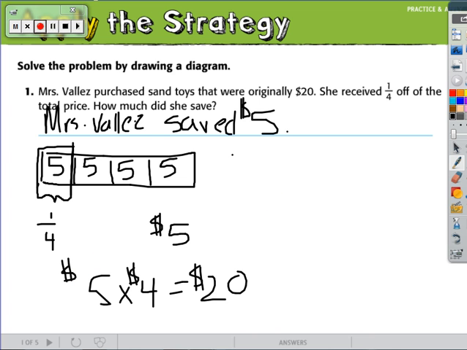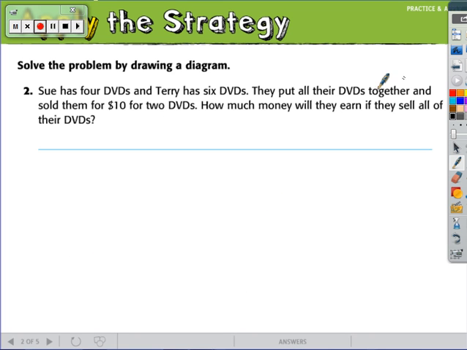So number 2. Sue has 4 DVDs, Terry has 6 DVDs. They put all their DVDs together and sold them for $10 for 2 DVDs. How much money will they earn if they sell all their DVDs? So let's take a look at what we know. Sue has how many DVDs? 4.